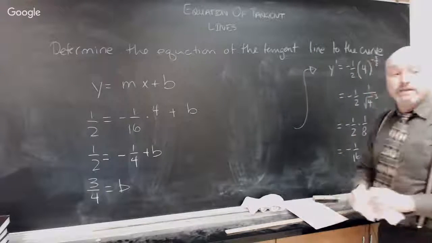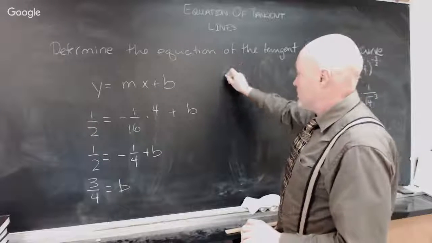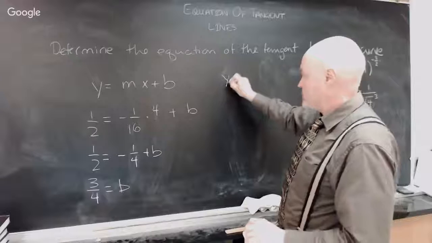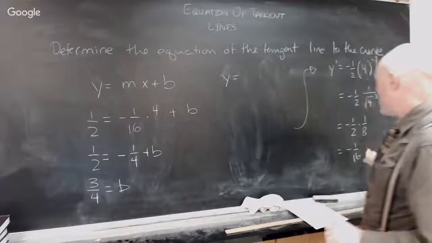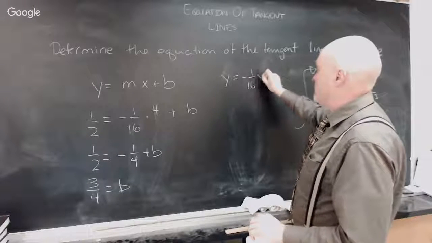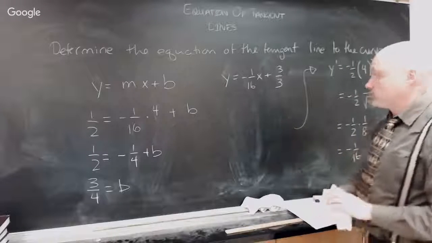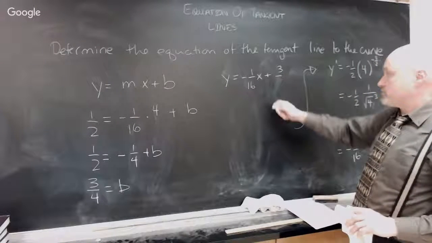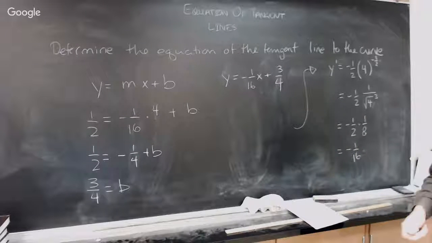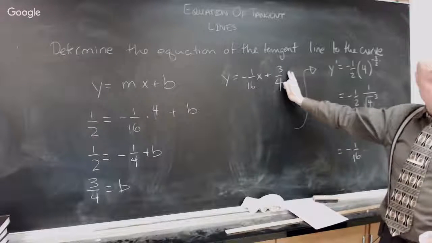And so I figured out what my b value is. It's 3/4. And so I can put this into y equals mx plus b because I figured out my slope over here. Plus 3/4. And when I say 3 over 3, I mean 3 over 4. All right. So it says put this into y equals mx plus b form.